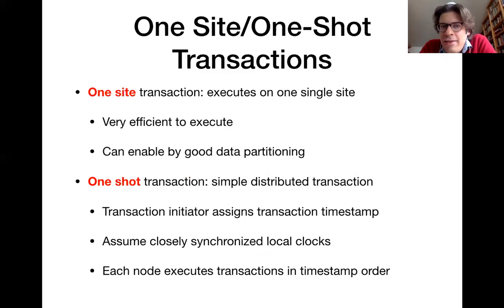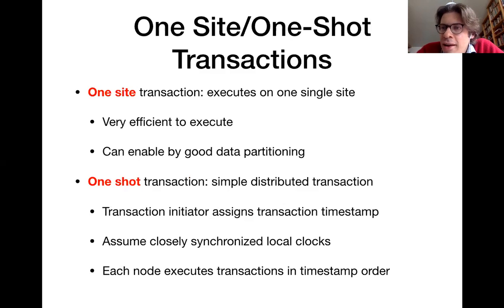All right. So in some cases, we have to involve multiple sites in transaction execution. H-Store tries to be smart about where it executes those transactions. In particular, we try to make transactions either one-site or one-shot transactions.